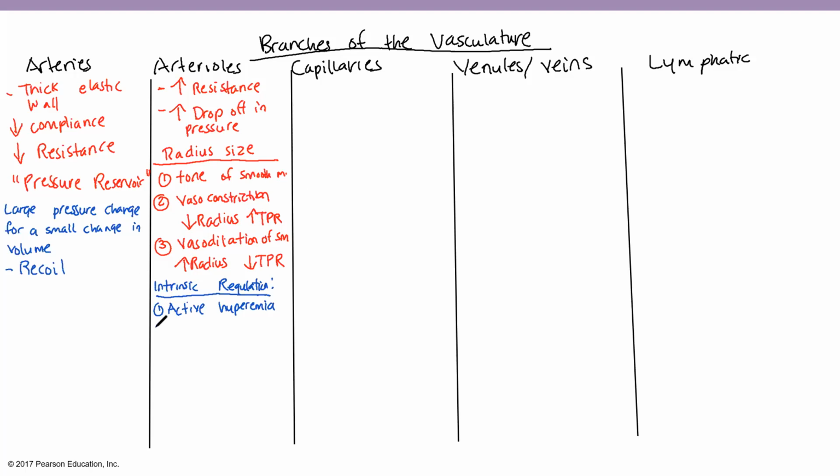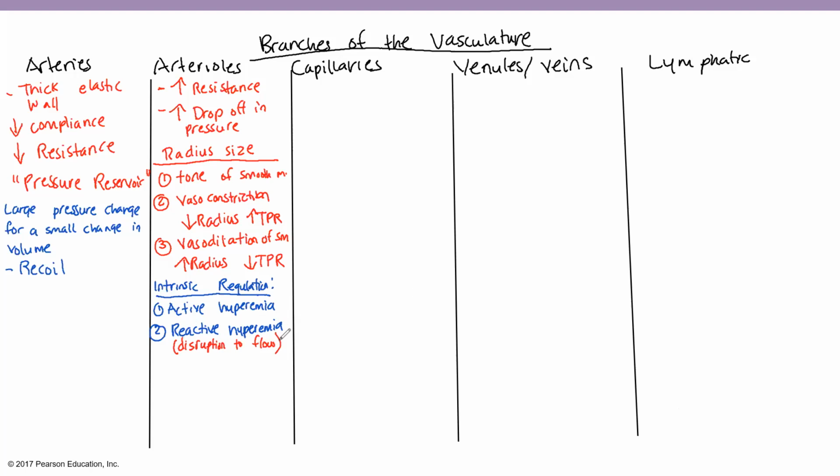The second mechanism here was reactive hyperemia. This was the exact same outcome as active hyperemia, the only difference being the cause. In active hyperemia, we had an increased metabolic demand. In reactive hyperemia, and I'll put that in brackets here, we had a disruption to flow.